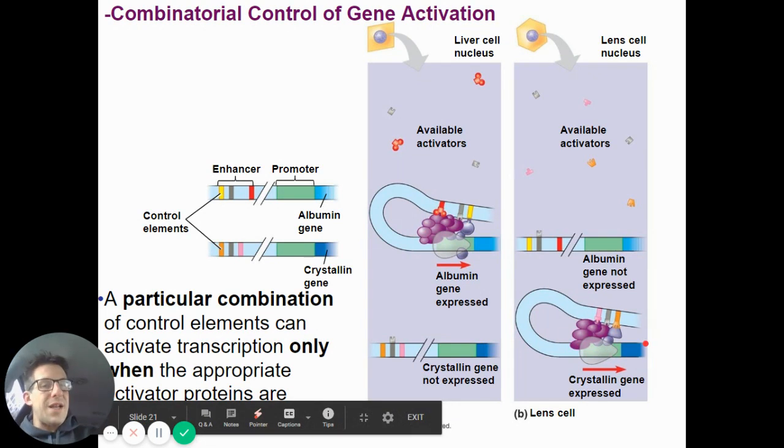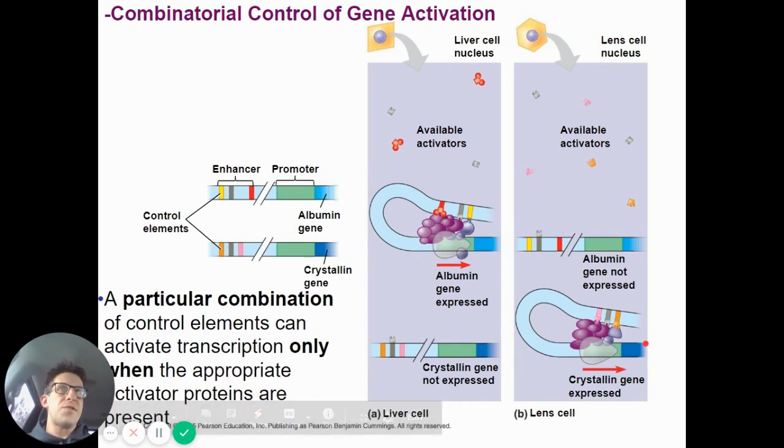It is a very nice system that allows every single cell in your body to have the exact same genetic structure and genes available to it, while at the same time only activating certain ones. So we've got everything the same in both cells, but we're only activating a specific gene in each type of cell because those are the activators, the chemical messages that we have available to this cell.